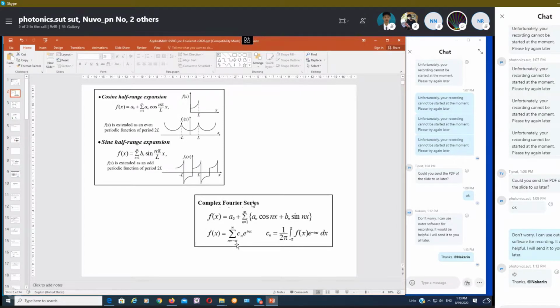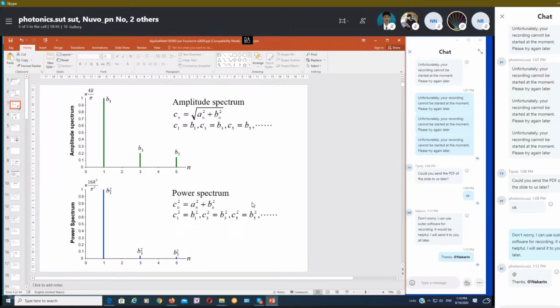In general, you can express the function f of x in complex exponential functions. The coefficient is now Cn, and this is the definition of Cn. This is what we discussed, and we also defined the relationship between Cn and the coefficients An or Bn.